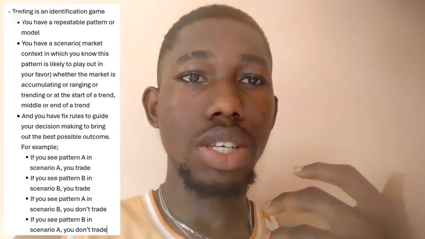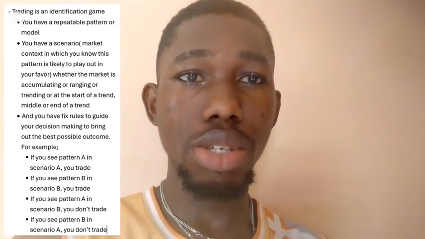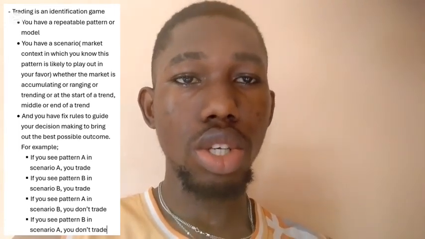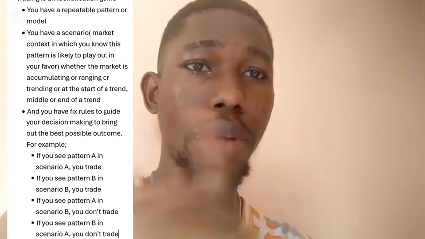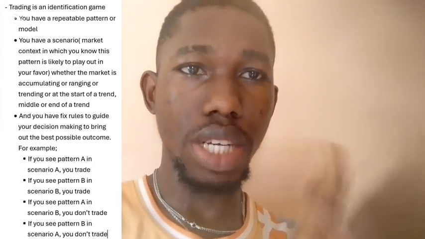Whether the market is accumulating or ranging or trending, you know that this my pattern usually works in a trending market. This my pattern usually works in a ranging market. And three, you have fixed rules to guide your decision making when combining your pattern and your scenario, because these are two aspects of analyzing that you have to understand.